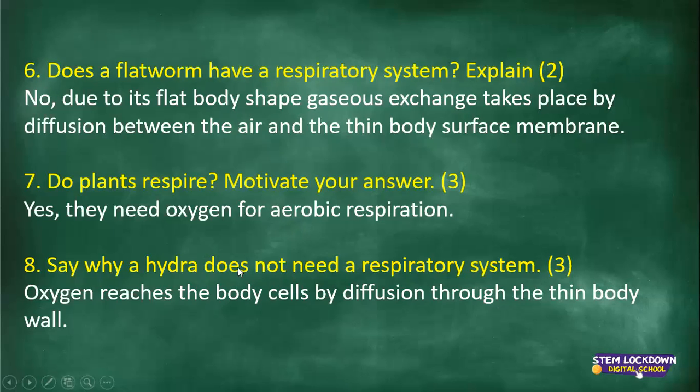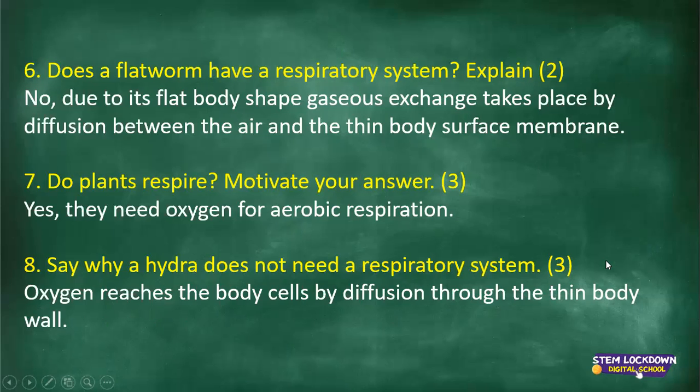Why then does a hydra not need a respiratory system? Oxygen reaches the body cells by diffusion through the thin body wall. So that's usually the reason why an organism wouldn't need a respiratory system.